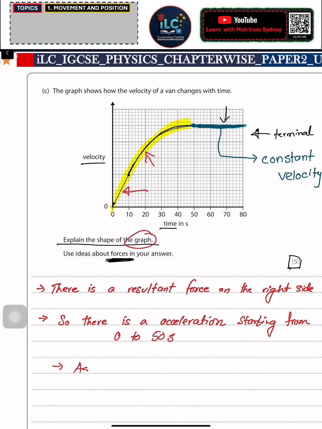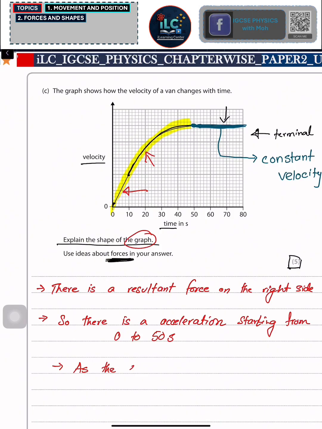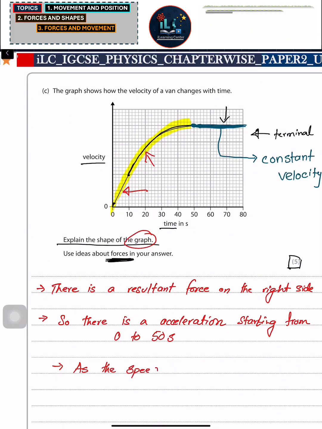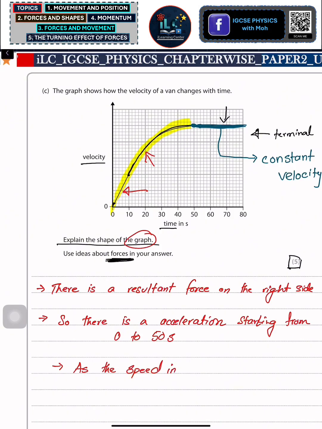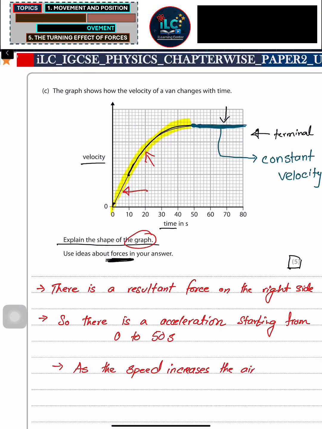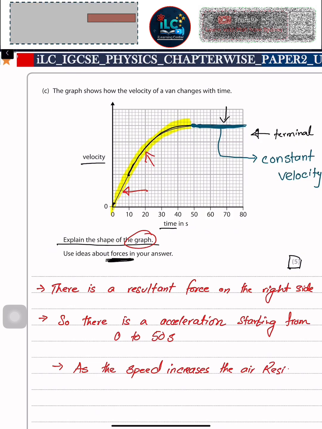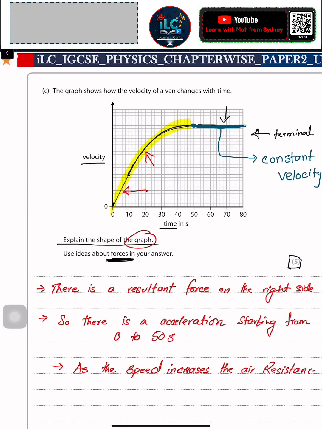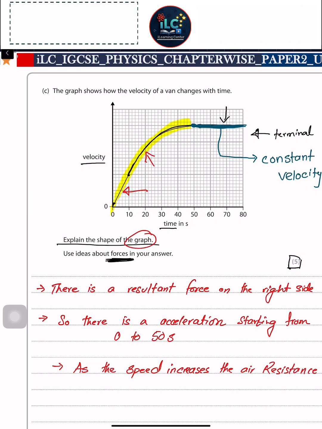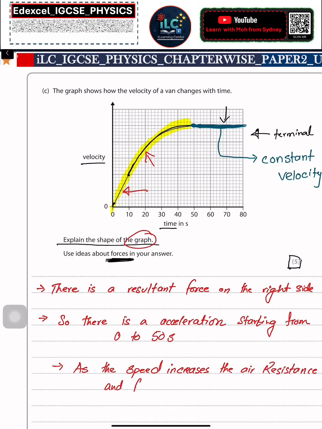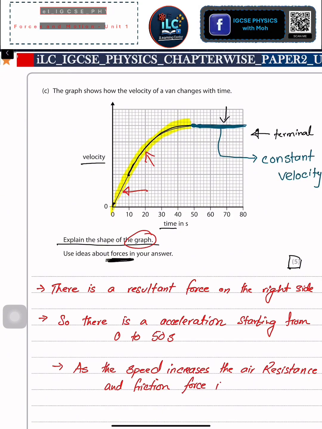Okay, and then we are saying as the speed increases, the air resistance and frictional force increases.